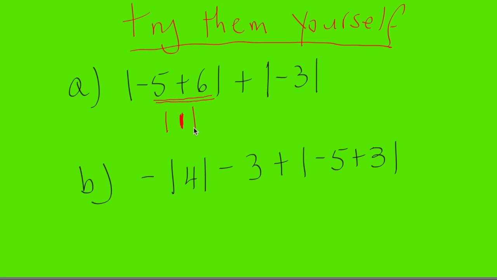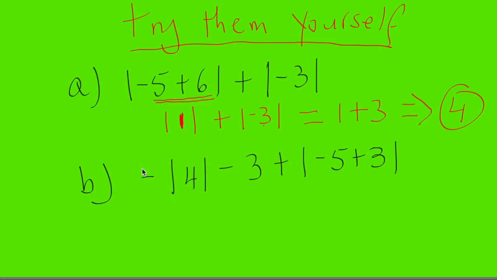But we still have the absolute value plus absolute value of negative 3. Now, absolute value of 1 is 1, plus absolute value of negative 3 is going to be a positive number. That's 3. Okay, now 1 plus 3 is 4.